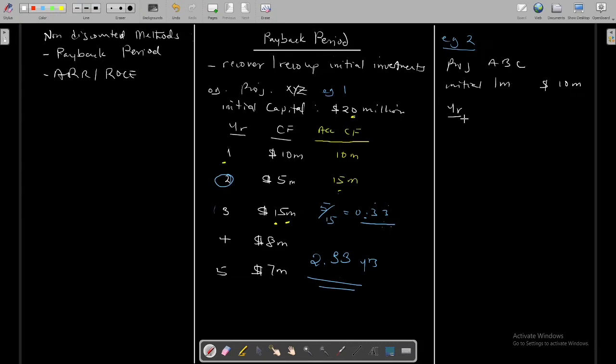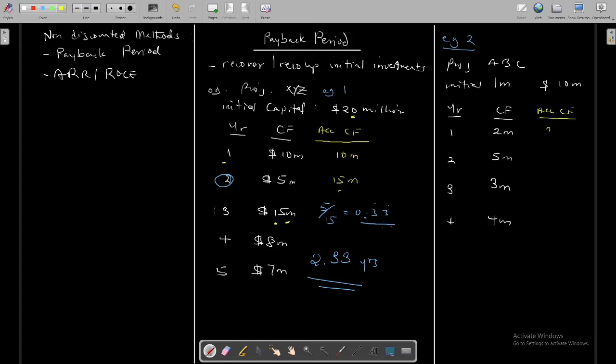Year 1, year 2, year 3, year 4. Year 1, they are expecting $2 million. Year 2, they are expecting $5 million. Year 3, they are expecting $3 million. And year 4, you are expecting $4 million. So when did it take project ABC to recover its initial investment? In order to undertake that, we do accumulated cash flows.